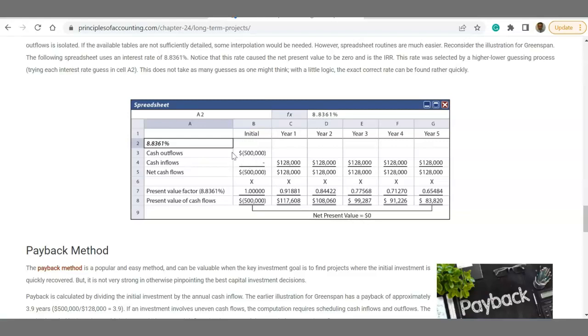That means the initial outflow is 500,000, and the combination of present value of all these future cash flows adds up exactly or very close to 500,000 to make the net present value 0. If you are doing a manual calculation, you use different interest rates. Let's say start from 5 and then 6, 7, 8, and 9, and see where you end up with a 0.